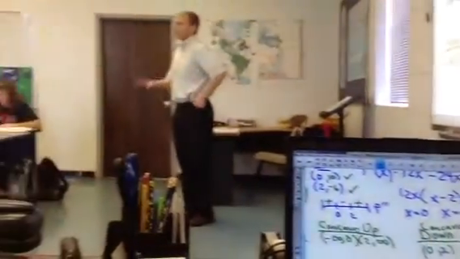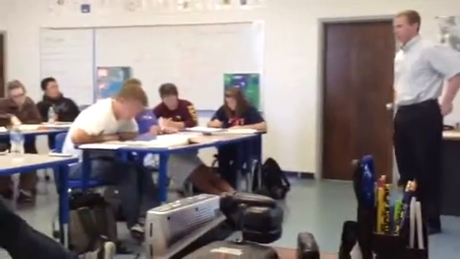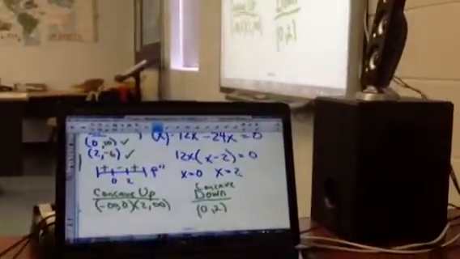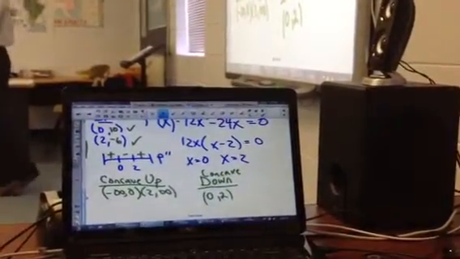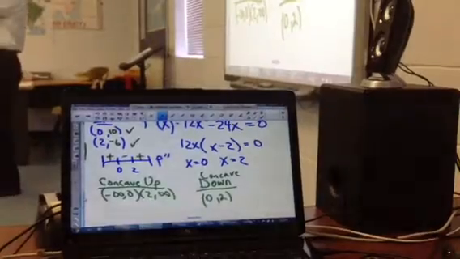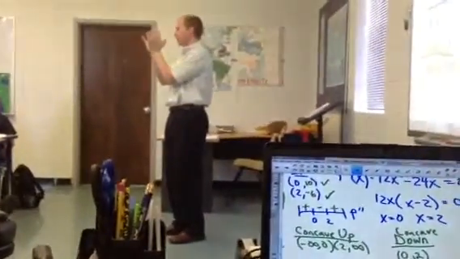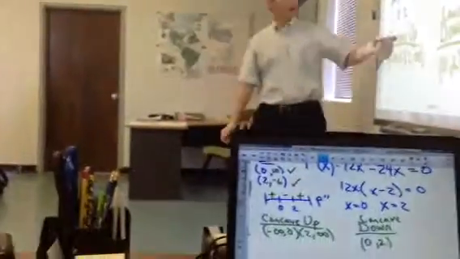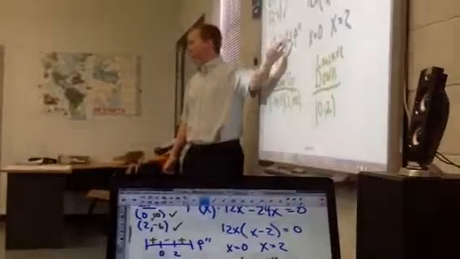Now I want you to stop and really appreciate this for a second. After all of that work, you might not appreciate how nice it is when you think concave up, which looks like this. Don't you think positive, happy thoughts? Concave up is when your second derivative is positive.